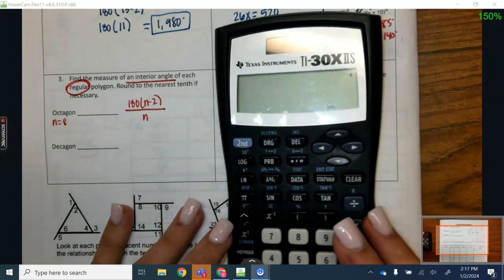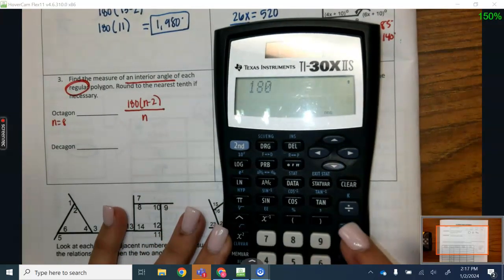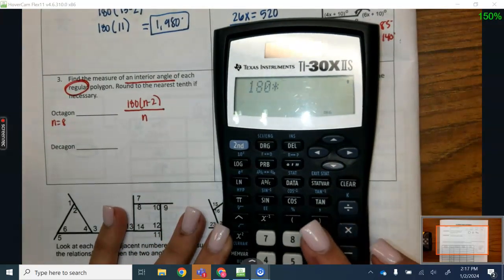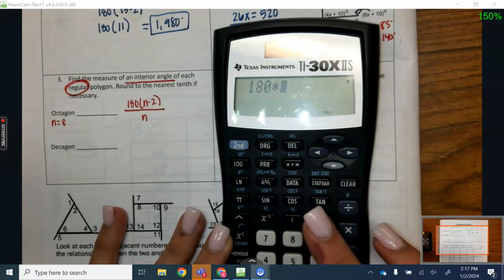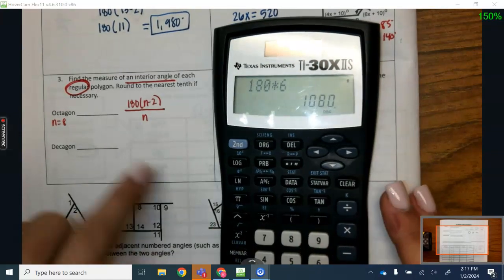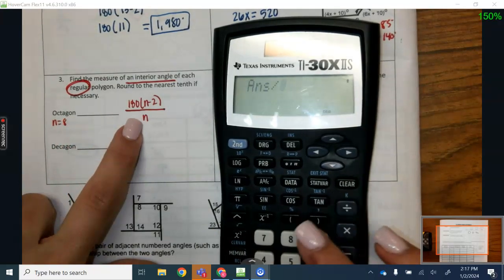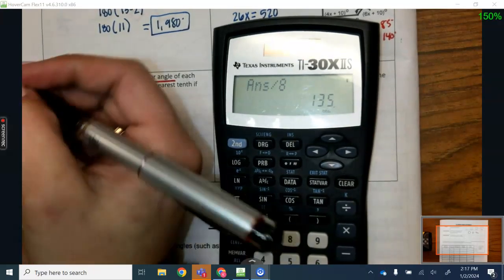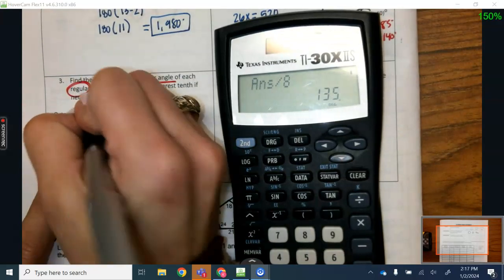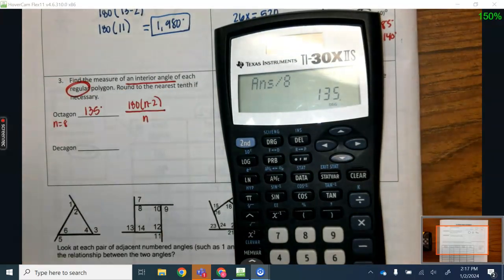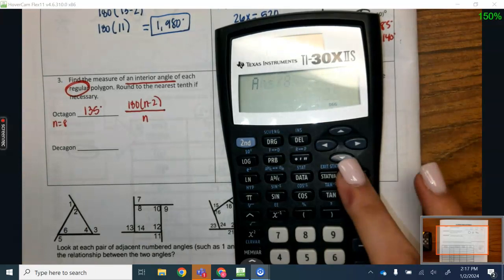My sum would be 180 times n minus 2, so 8 minus 2 or 6. My sum of an octagon is 1080, but I'm going to divide it by n. So divide it by 8, I get 135 degrees for one interior angle of a regular octagon.